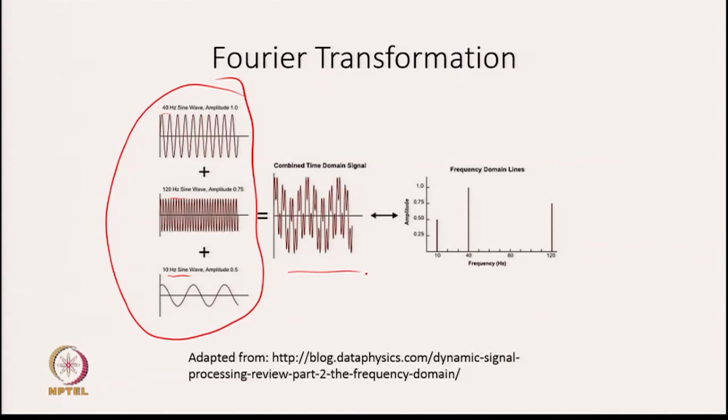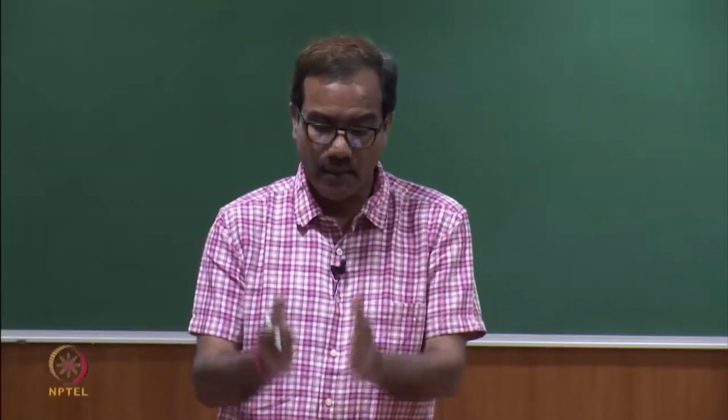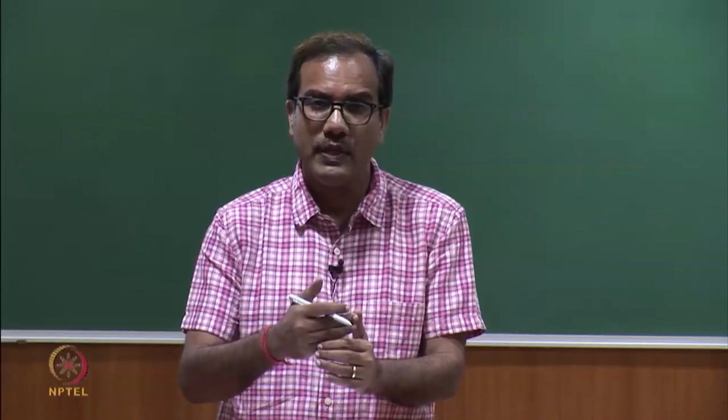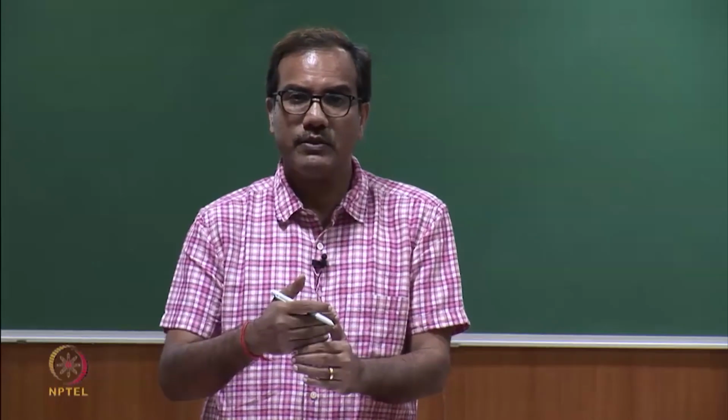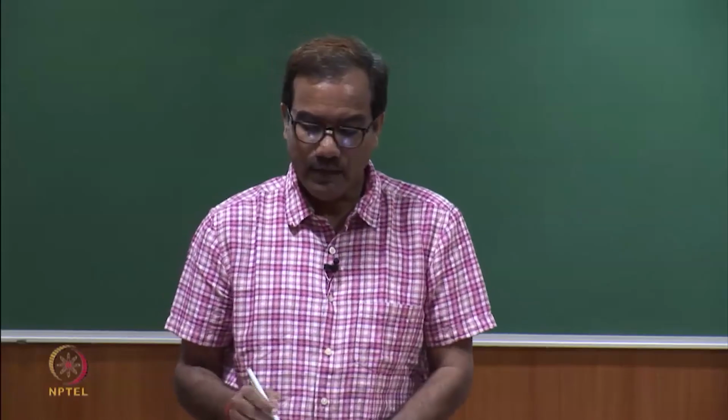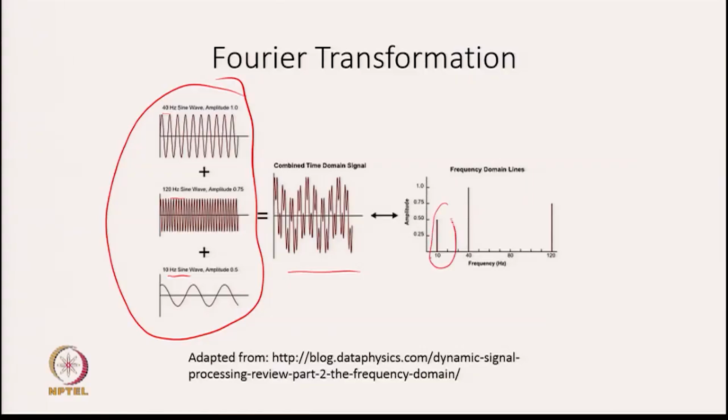If we do Fourier transformation, again we are going over different values of frequency and multiplying by this combined wave function and then integrating amplitude between t equal to 0 to t equal to infinity. Basically, we are adding up, and what you will get is 0 at other values except at 10 hertz, 40 hertz and 120 hertz.